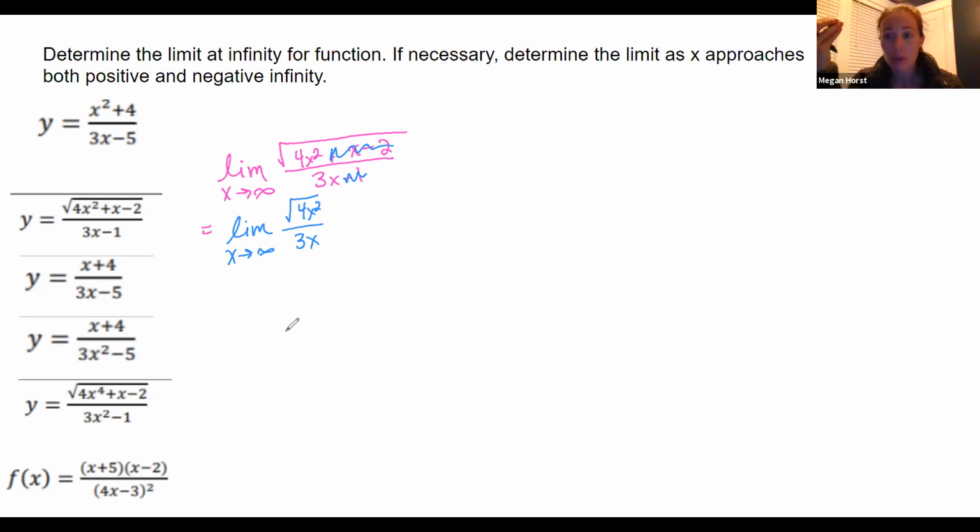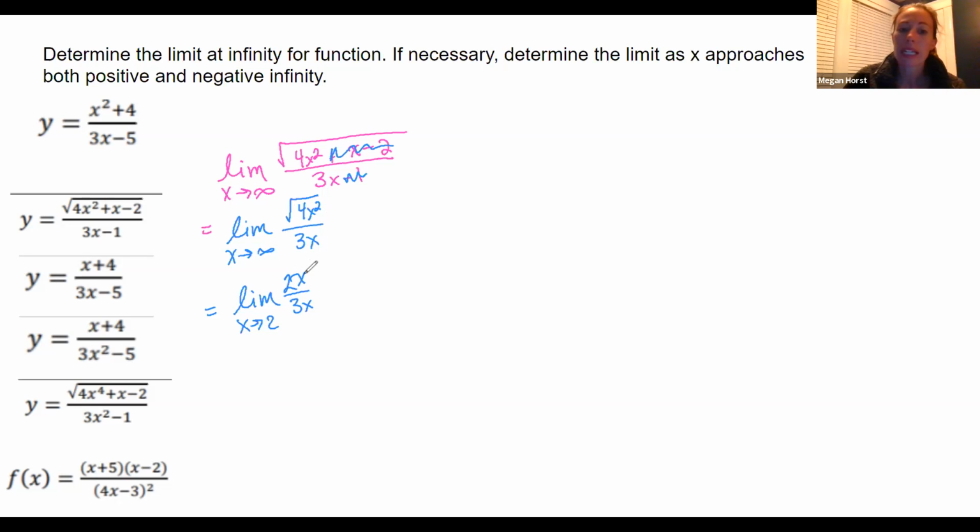Obviously, we can take the square root of 4x squared, right? We take the square root and we can get 2x. The only thing we need to be careful with is that the output of this value needs to be positive.